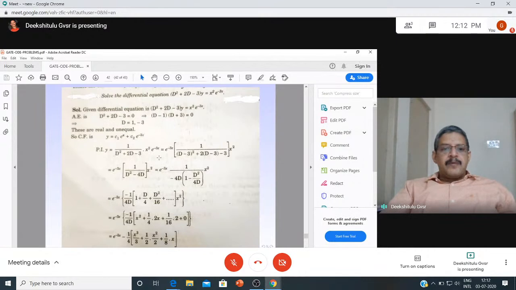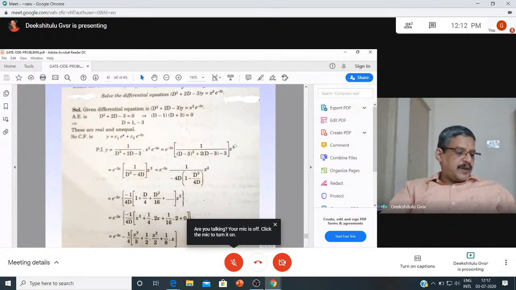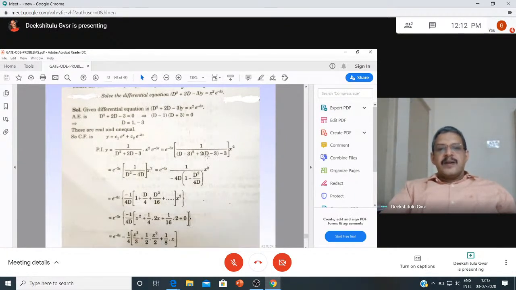So e power minus 3x always operates as a shift operator, as I said: (D minus 3) whole square plus 2 into (D minus 3) minus 3, operated on x square. If you expand this, D square minus 6D plus 9, plus 2D minus 6. If you simplify this, this is what we get: D square minus 4D operated on x square, e power minus 3x.